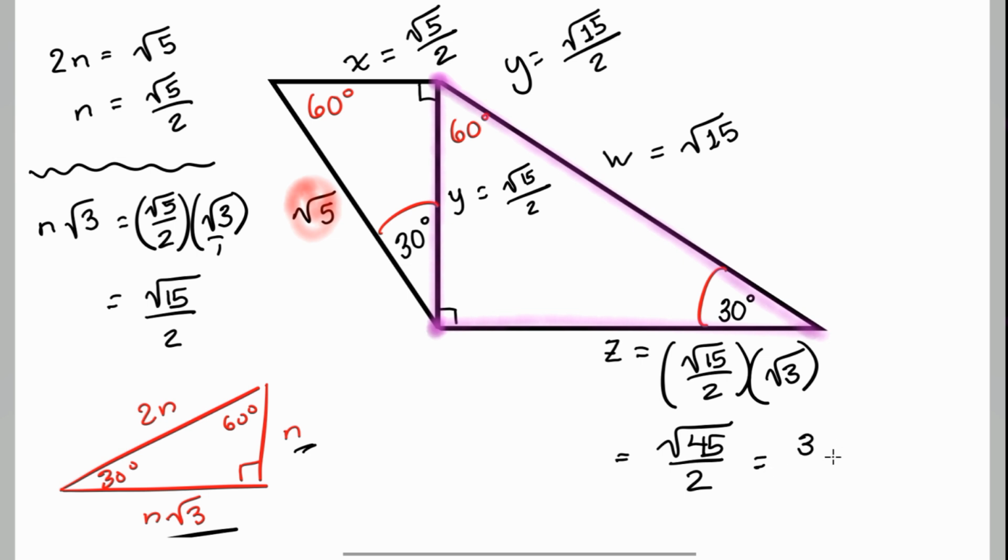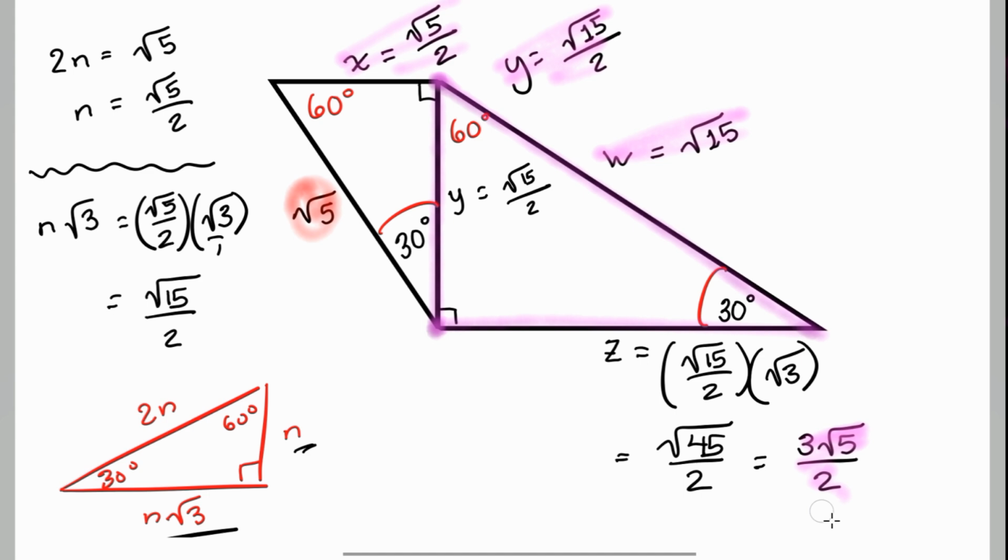And this gives me 3 times the square root of 5 over 2. So here we have all of the values that we're looking for. There's my x, y, w, and there's my z.